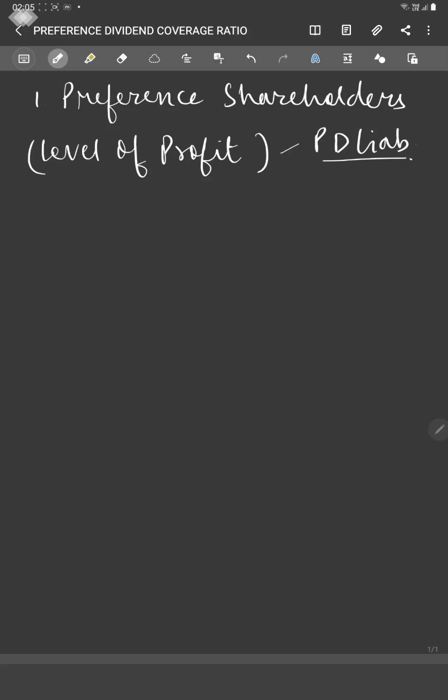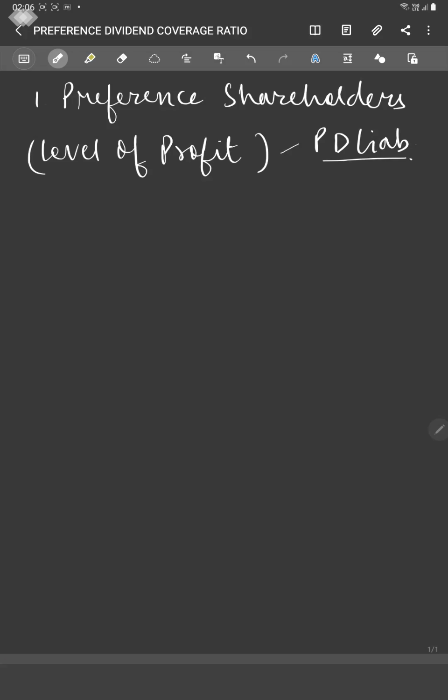So straight away we can say that in this ratio we would be comparing profit after tax with preference dividend liability. Now why are we using profit after tax? If you are not aware of this, then I request you to go to my video on interest coverage ratio, wherein I have explained where we use profit after tax and where we use profit before tax.